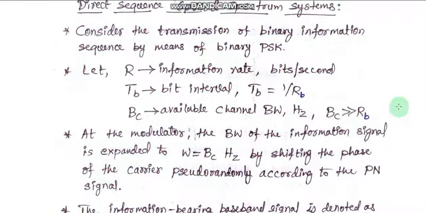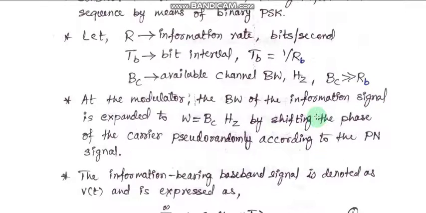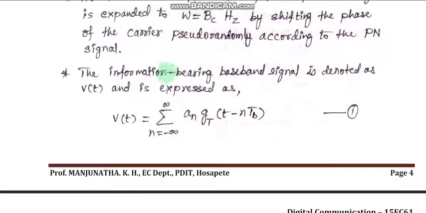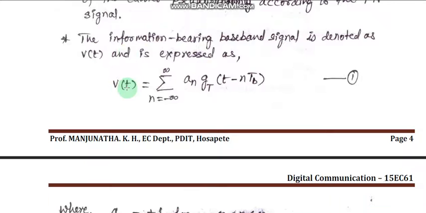Okay. On the modulator side, the bandwidth of the information signal is expanded to W equal to B_C hertz. Okay, how? By multiplication of the signal with the PN sequence, the PN signal. Now the information bearing baseband signal is denoted as v of t.